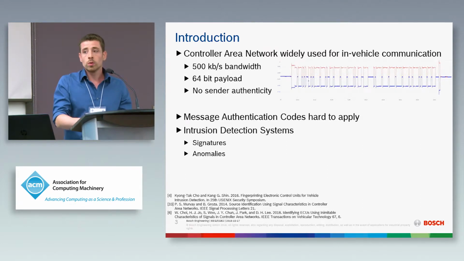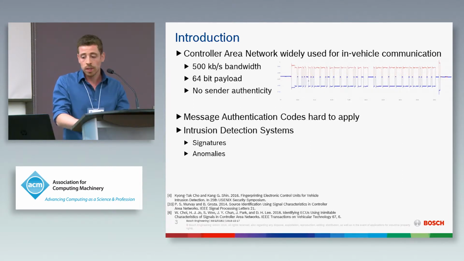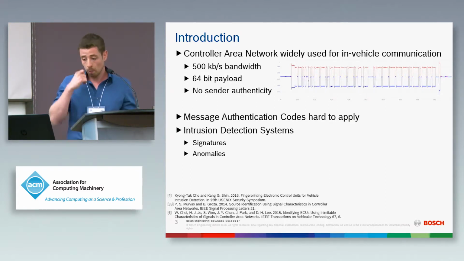But these are very prone to false positives because it's not that easy to specify the exact communication behavior of a car, even if the communication is static. But there are so many different possible configurations in even one model.